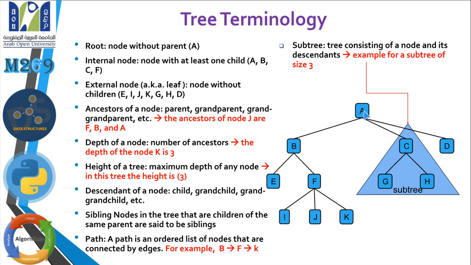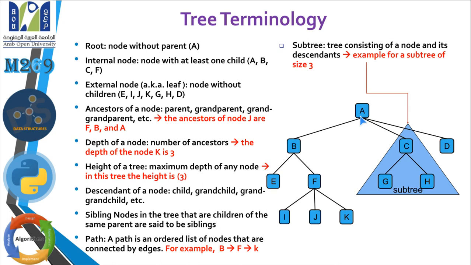In order to find the depth of any node, you have to calculate how many ancestors it has. So this node, for example G, has 2 ancestors, C and A. K has 3 ancestors, 1, 2, 3, and so on. This is the depth of the node.